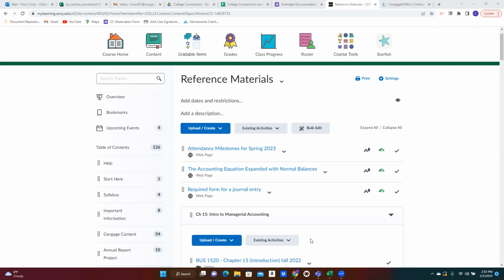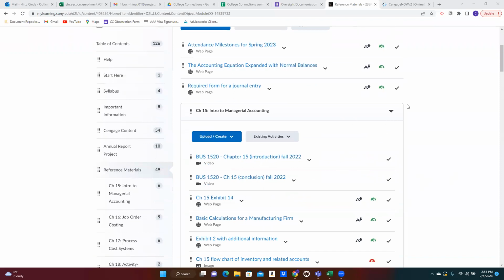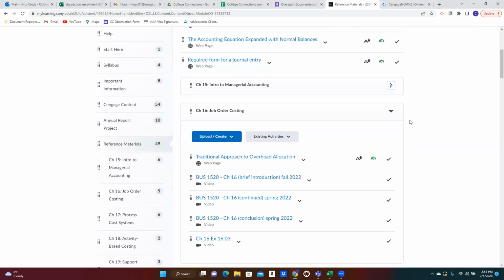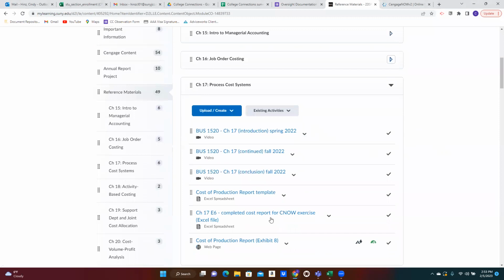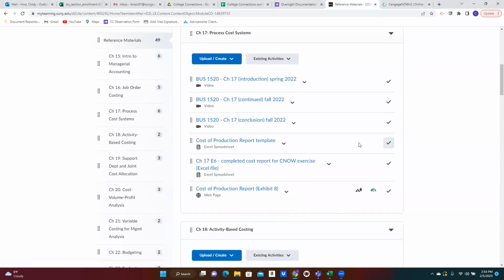In Brightspace, you can see the reference materials area, and each chapter has its own separate folder. So we're in chapter 17 now. You can see that we have the videos there to cover the chapter.